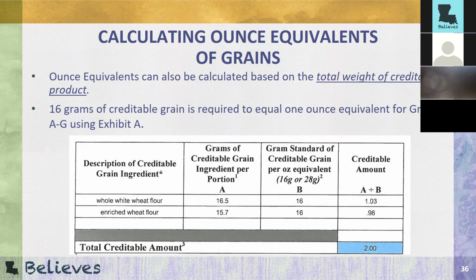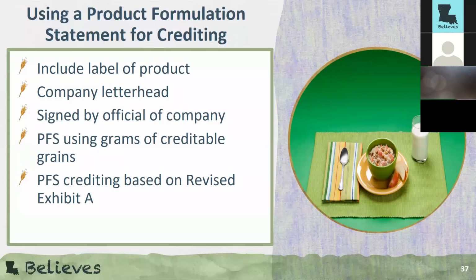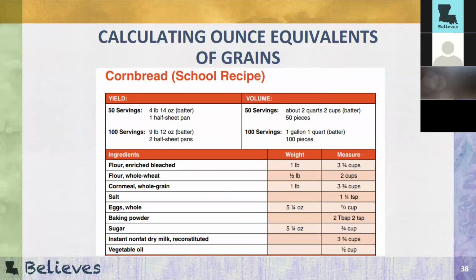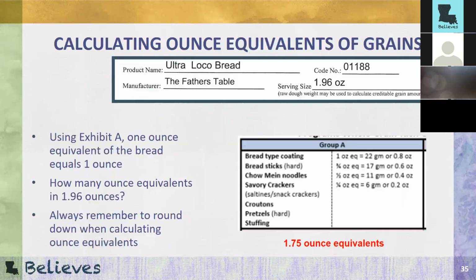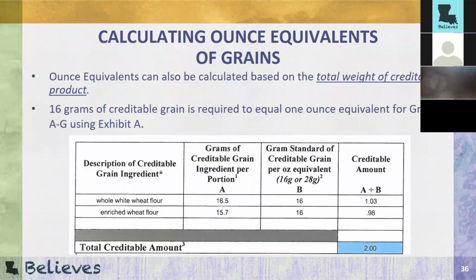So if I'm going to use this method, the bread's going to count as 2 ounce equivalents. If I'm crediting by the weight of the grain, it is going to credit differently than by the weight of the product. So remember, both are acceptable ways of determining the ounce equivalents for grain.